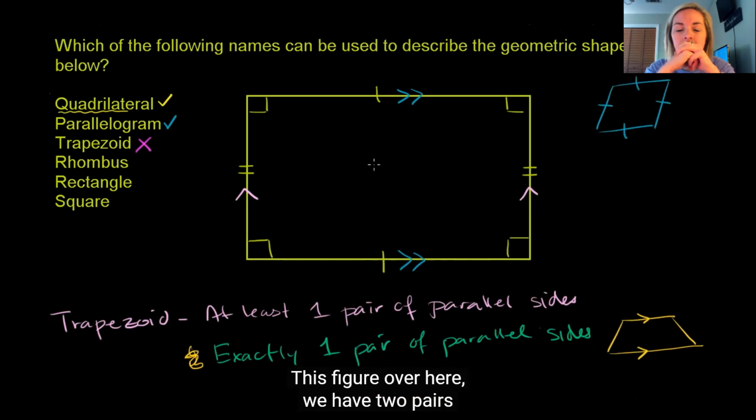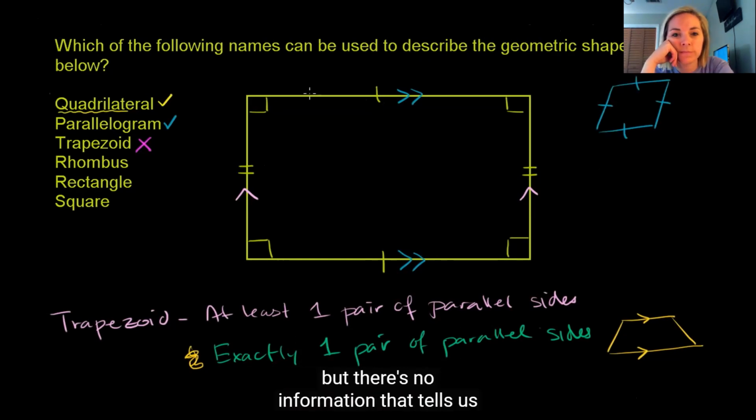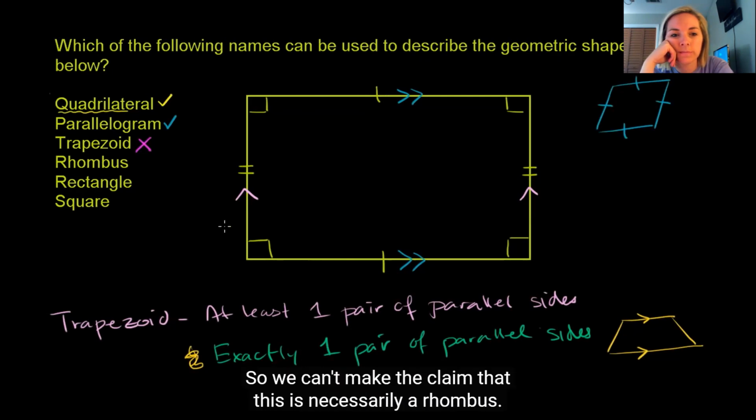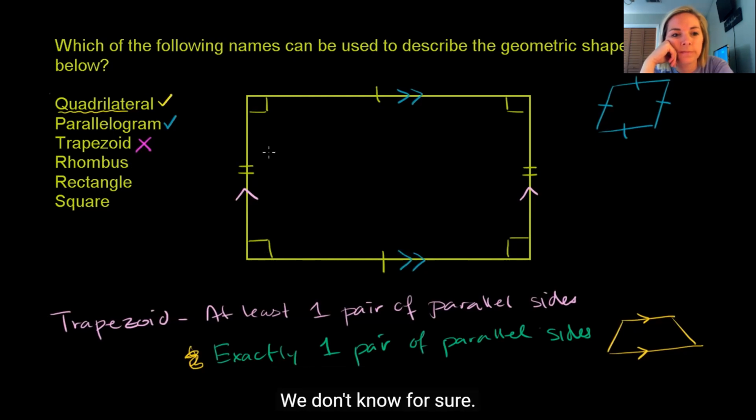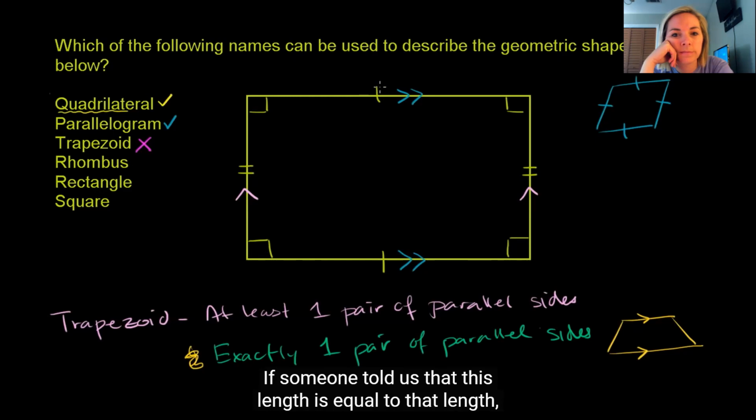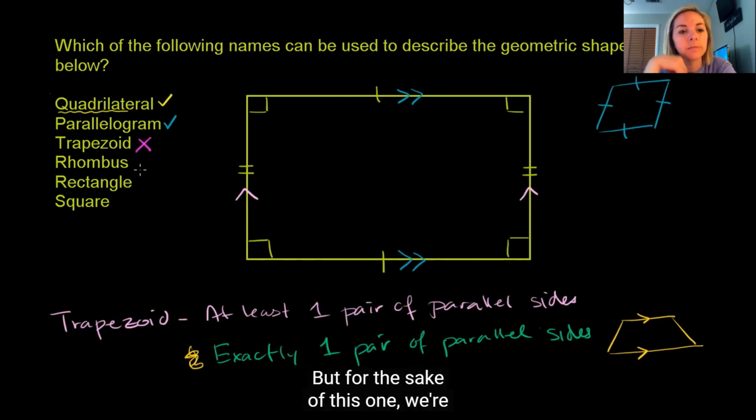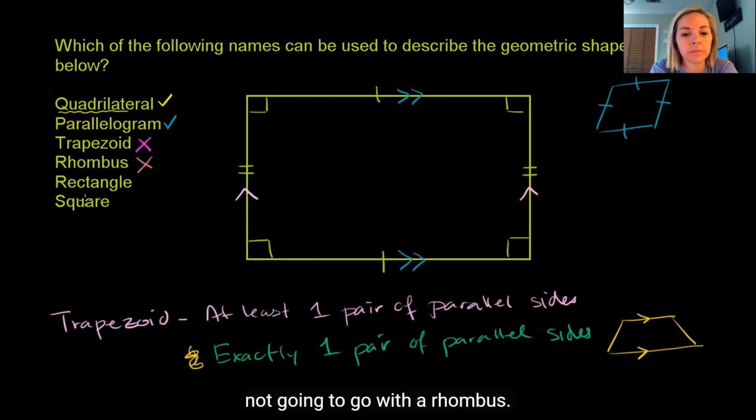This figure over here, we have two pairs of sides that are the same length, but there's no information that tells us that this side is equal to that side or that this side is equal to that side. So we can't make the claim that this is necessarily a rhombus. We don't know for sure. If someone told us that this length is equal to that length, then things change. But for the sake of this one, we're not going to go with the rhombus.